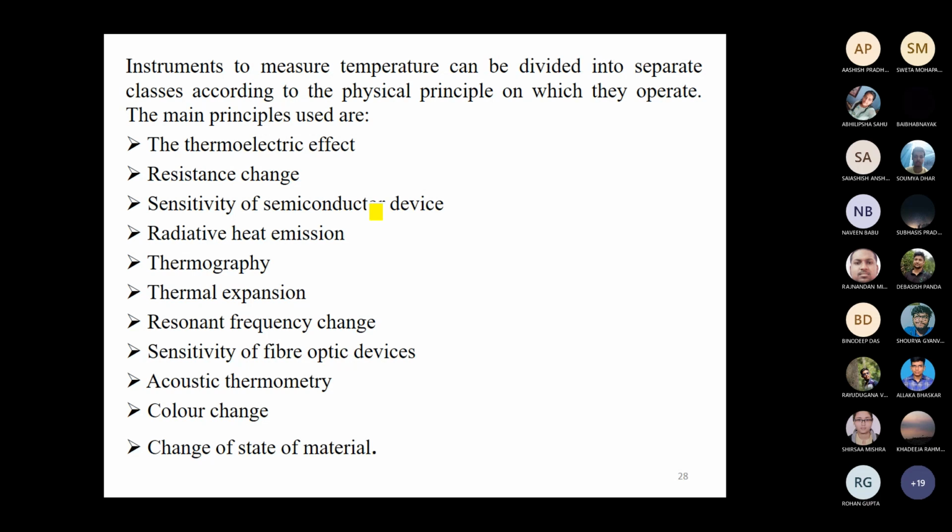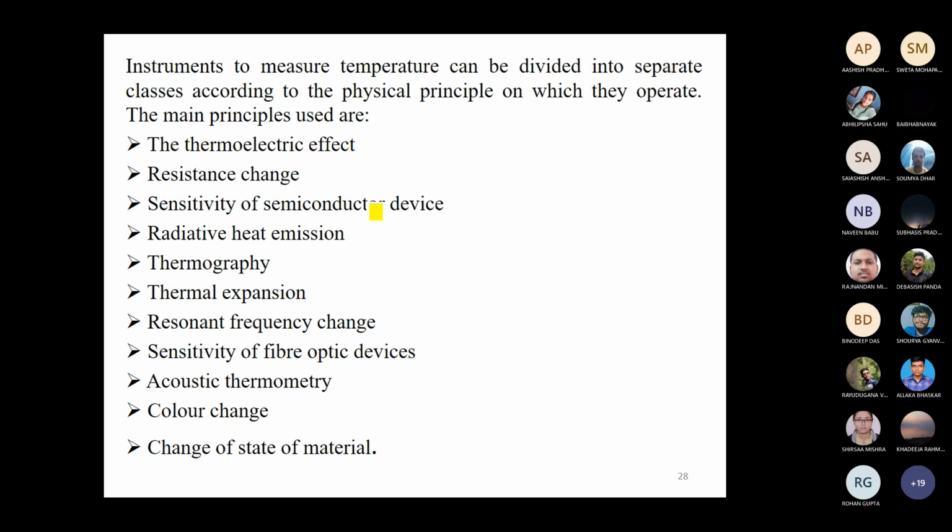Radiative heat emission: with high current, some heat will definitely be dissipated, and it dissipates through radiation, meaning additional energy is radiated from that portion. Then thermography, thermal expansion, resonant frequency change, and sensitivity of fiber optic devices.